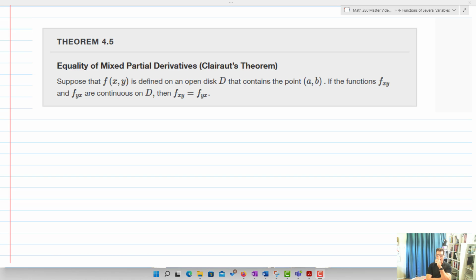This is going to end up becoming really handy for us later on as we do more and more work here in multivariable calculus. All right? So with that stated, we've gone through and we've actually talked about quite a lot. We've talked about the whole idea of the derivative, and the idea of a partial derivative as one of the variables gets held constant while the other one changes.